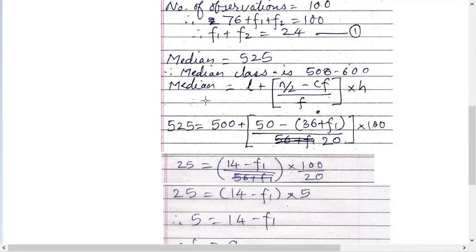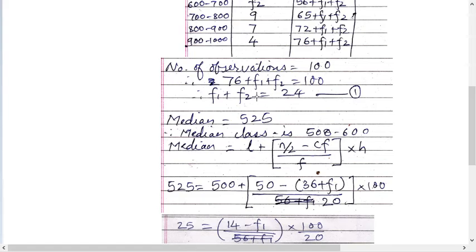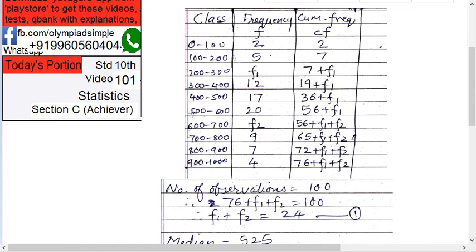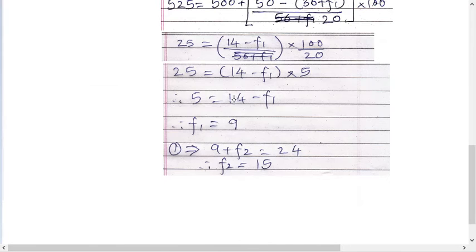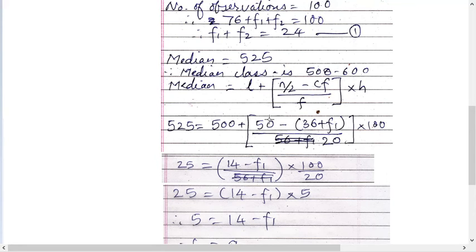Okay. So what all is given, just write the figures. Median is 525. L is what? The lower limit of the required interval, 500 to 600, that is 500. So L is 500. Then n upon 2, n is given as 100, so n upon 2 is 50.